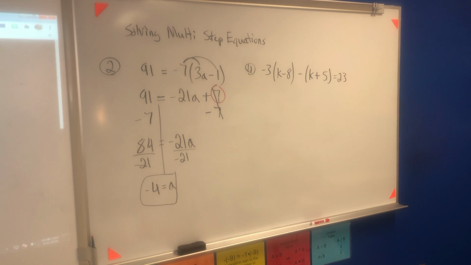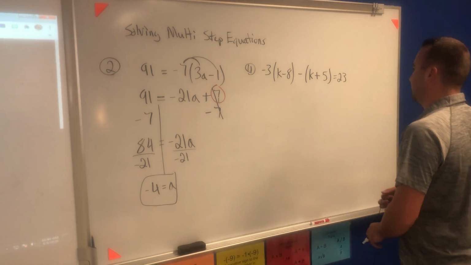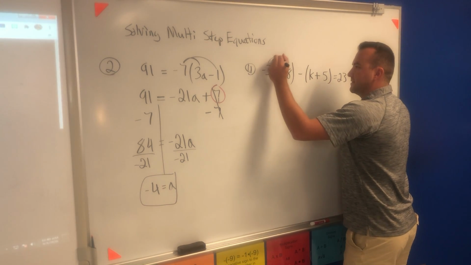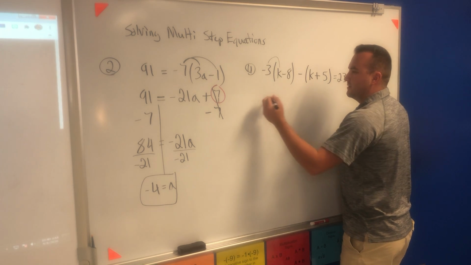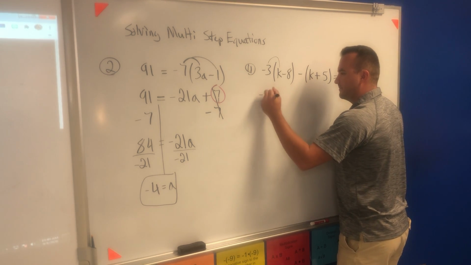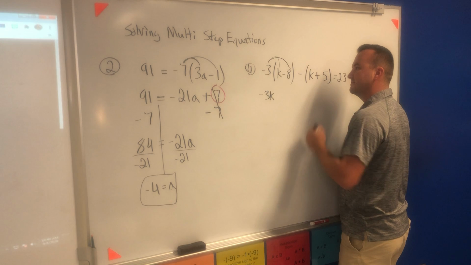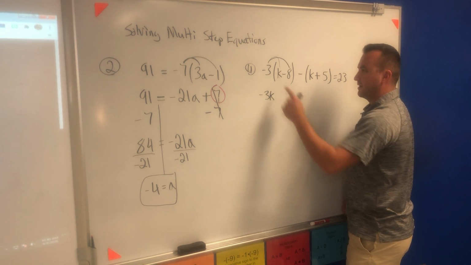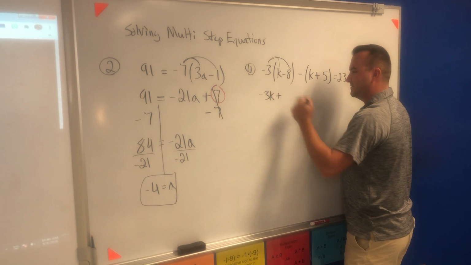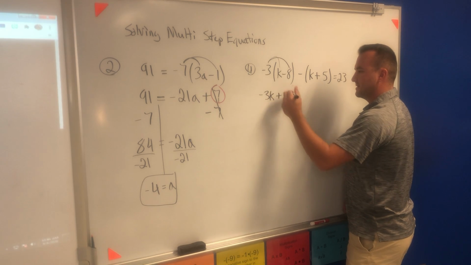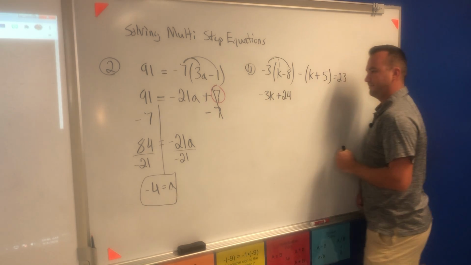Okay, distribute if needed. I need to distribute. So I've got negative 3 times k would be negative 3k. Negative 3 times negative 8. Negative times a negative is a positive. Negative 3 times 8 is 24.